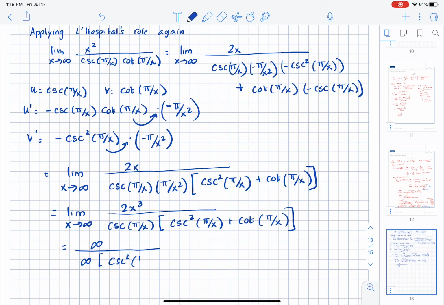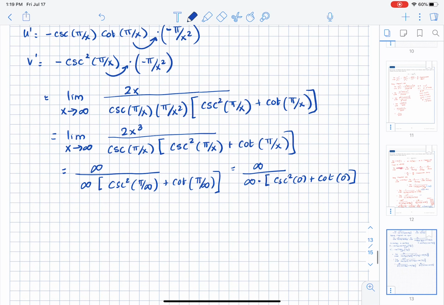And we have infinity squared for cosecant squared pi over infinity, which is cosecant squared 0. Same here, pi over infinity, that should be 0. So we have infinity divided by infinity times cosecant squared 0 plus cotangent 0. Cotangent 0, again 0 over sine 0. That would be infinity.